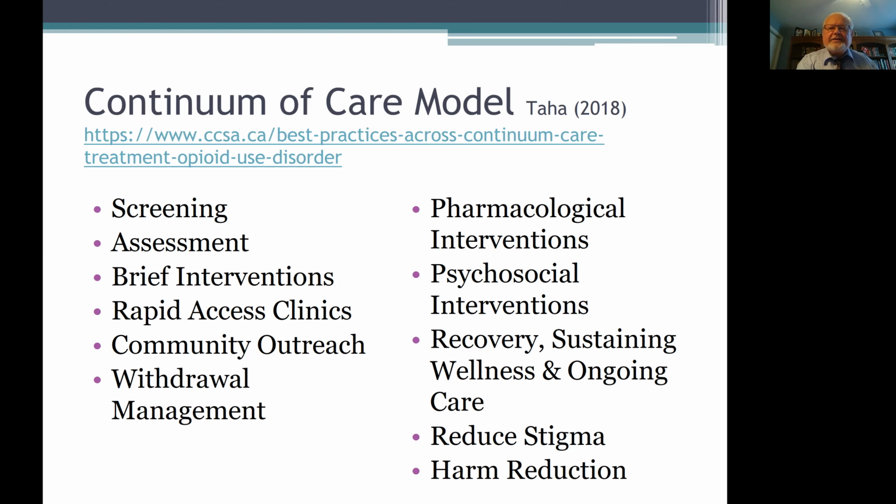It's a matter of recognizing that there are a lot of factors that influence this, and that this needs to be an ongoing care model where people continue to get some support after they've stopped using opioids. The program also looks towards reducing stigma and harm reduction.